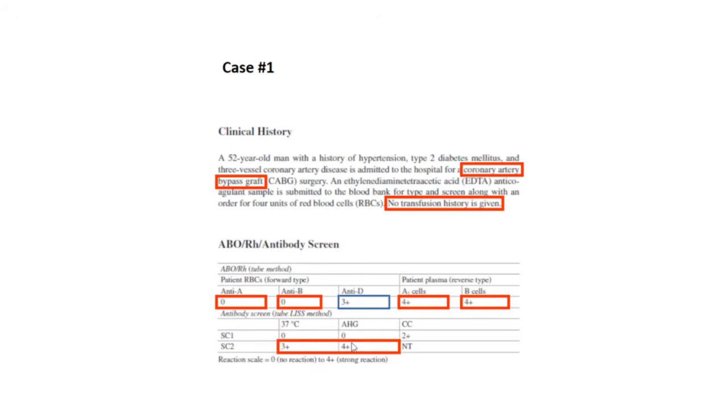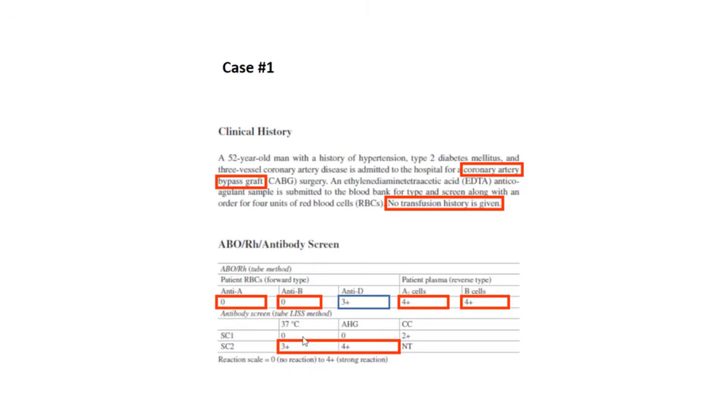And what is the significance of this? So this is telling us that there could be a warm alloantibody because one of the screening cells is negative and one is positive. Right. So you can't really tell much off of the antibody screen simply because you're only getting a 2-cell sample.